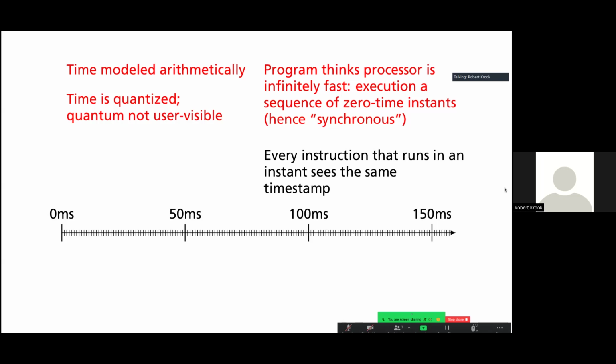If they all look at their watch, they will see exactly the same timestamp on it. Of course, that's physically impossible, but you can easily come up with a simulation environment that presents that fiction to the software.